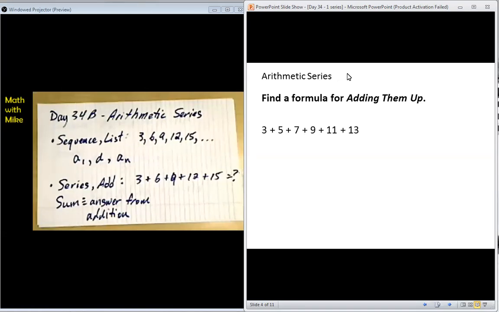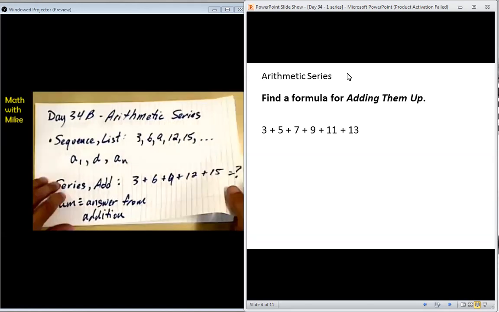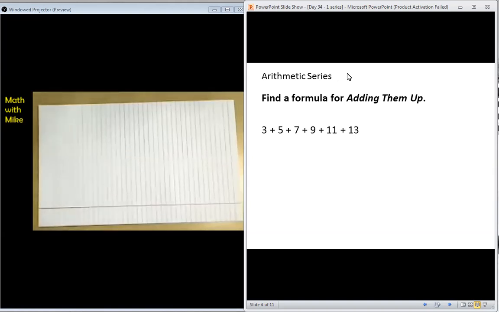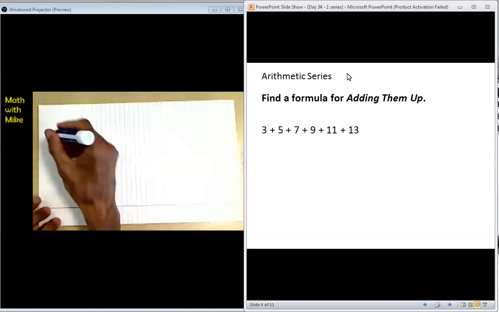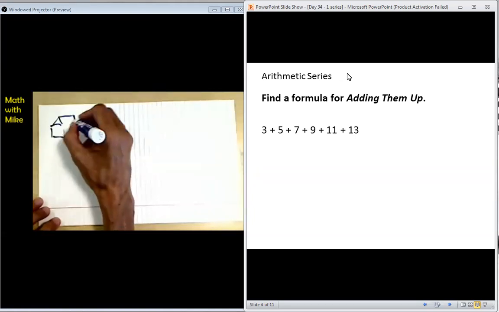What do all these add up to? You could go in your calculator one after another, 3 plus 7 plus 3, all the way along. Okay, but if you remember, sometimes the end value, sometimes the number of terms can get very big.